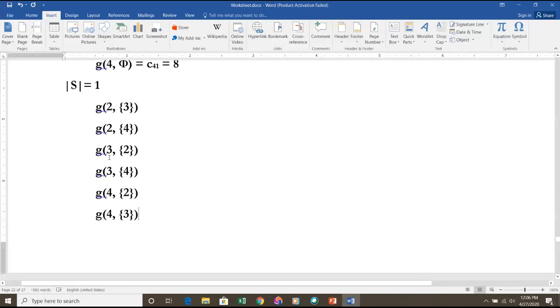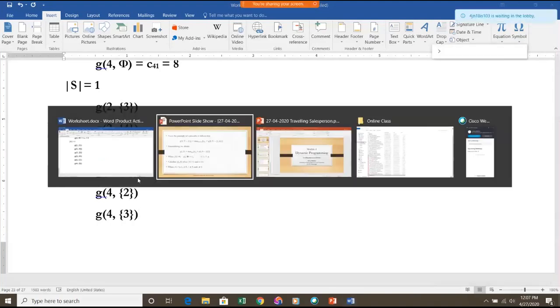If starting vertex is 3, it can reach 2 or 4. Starting vertex is 4, it can reach 2 or 3. All the combinations and permutations you have to do for this. In this, there should not be vertex 1. I should not be equal to 1, and even S should not contain vertex 1. That is what we have seen in this equation.